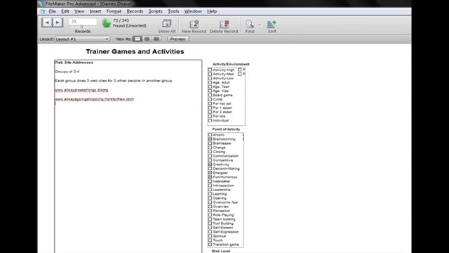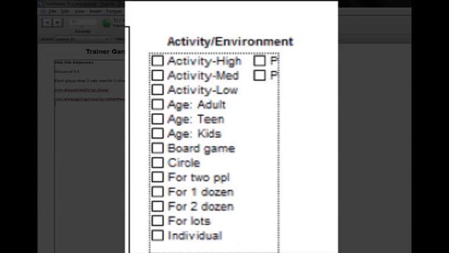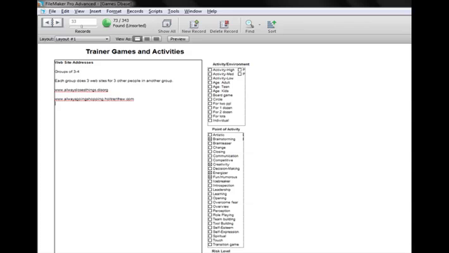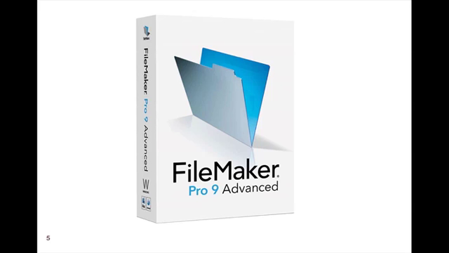And over on the other side, you'll see that I can categorize each activity by age, how active it is, how many people need to be in it, can I do it with individuals, can I do it with a big group, the point of the activity, and the risk level. So that's FileMaker Pro Advanced.